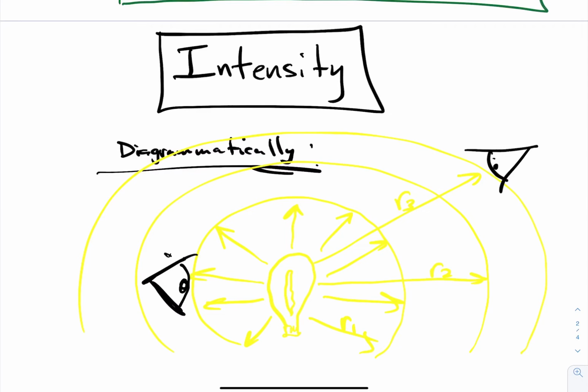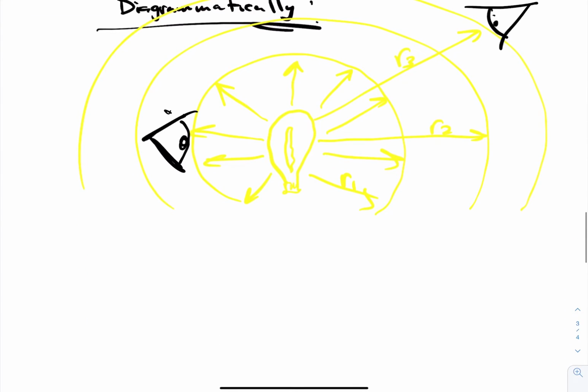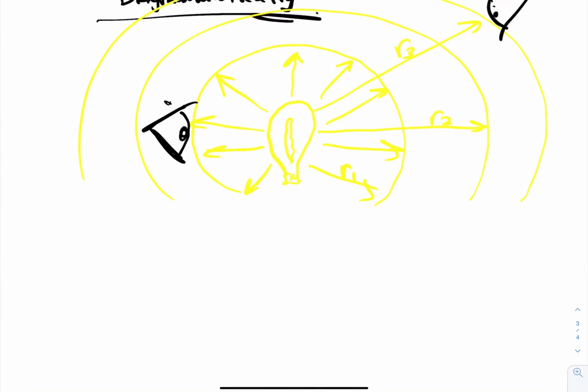That's just because of the intensity of light. And so in general, intensity is just basically the power over the area that it's distributed.